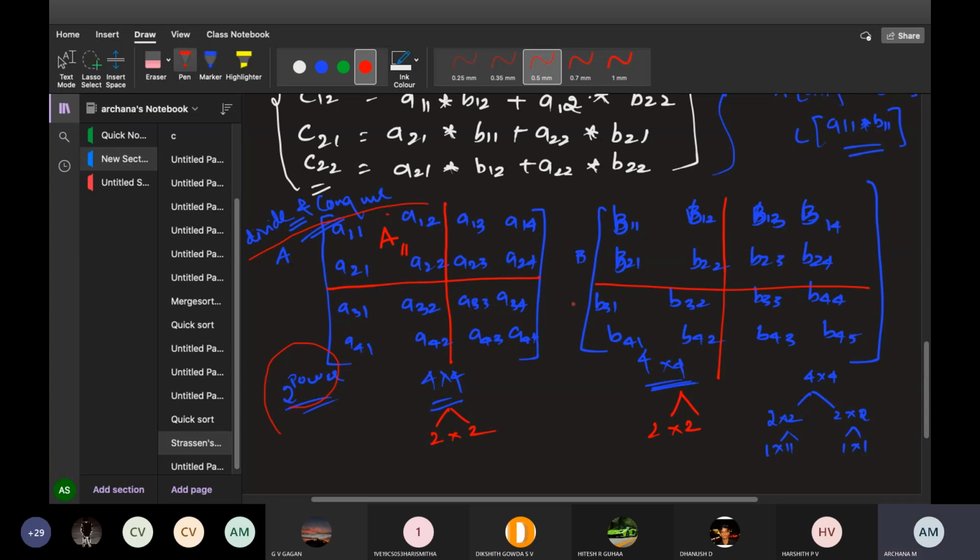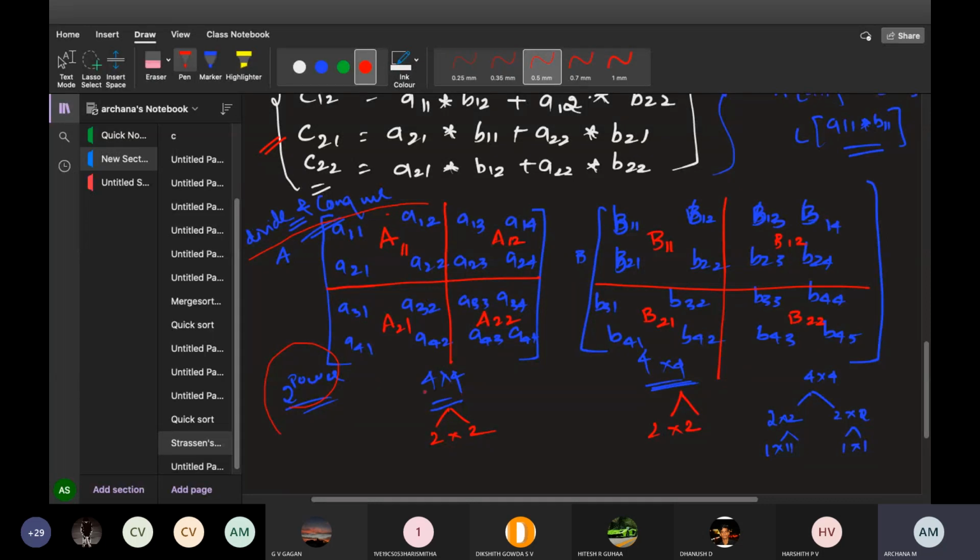Okay, like this you can consider this and you can just multiply these with the formulas which I have written previously. Okay, this will be A12, this is A21, this is A22. Now same thing you can write this as B11, B12, B21, B22. This is what I got.